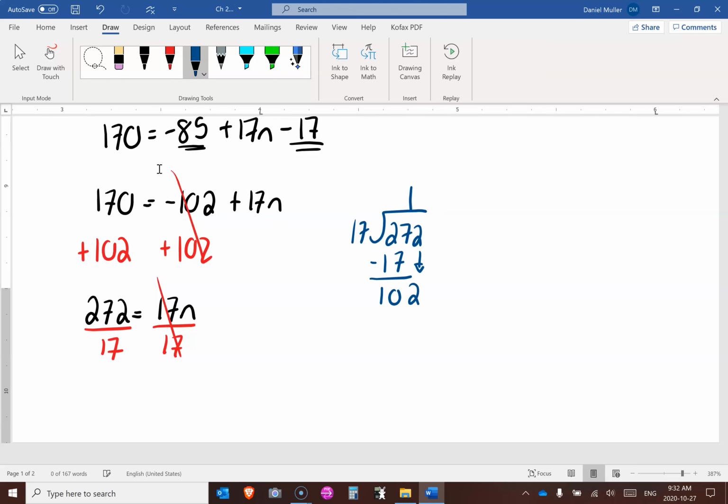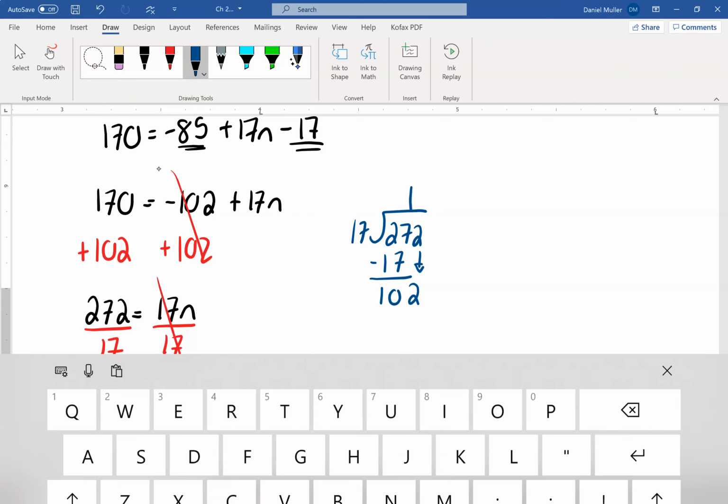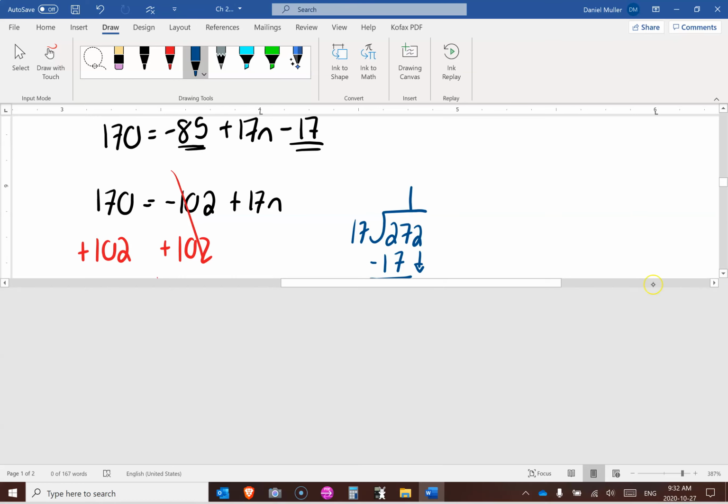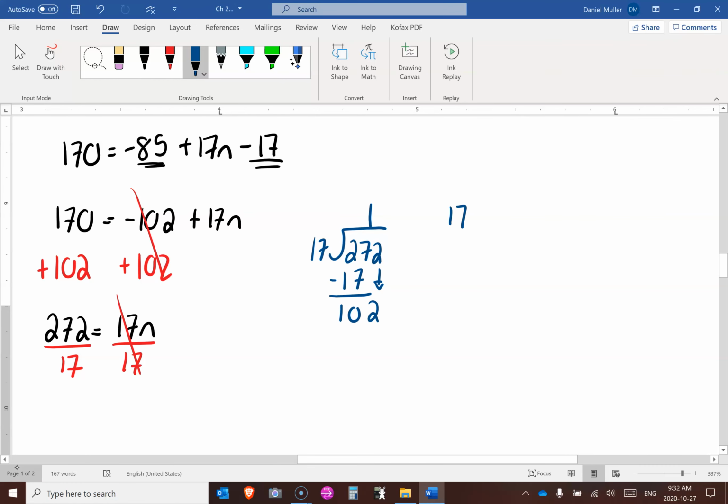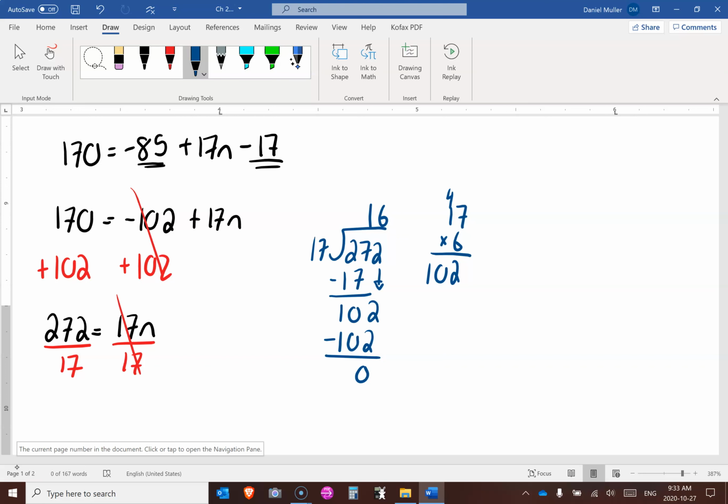How many times does 17 go into this? 6? I'm going to try 6. So 6 times 17, which I don't even know what that is. So 17 times 6. 6 times 7 is 42. 6, 7, 8, 9, 10. 102. Wow. Okay, so there you go. Who would have thought?